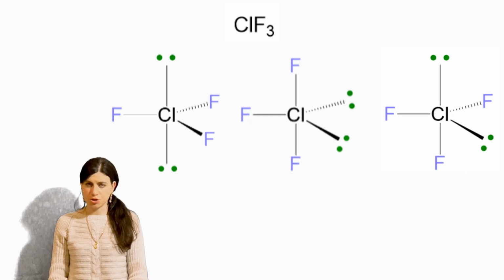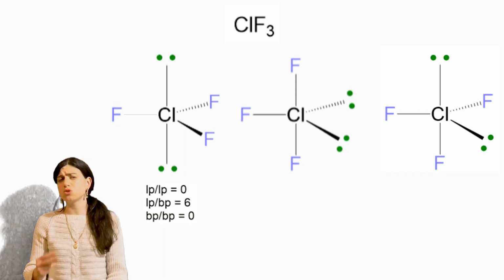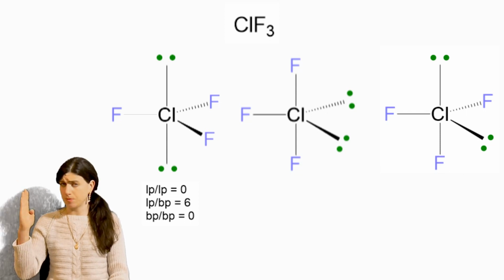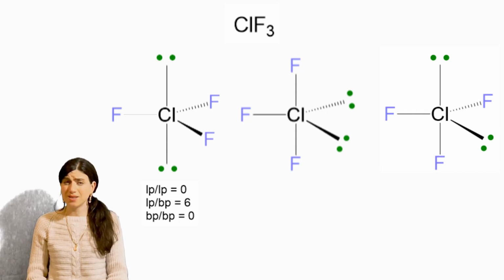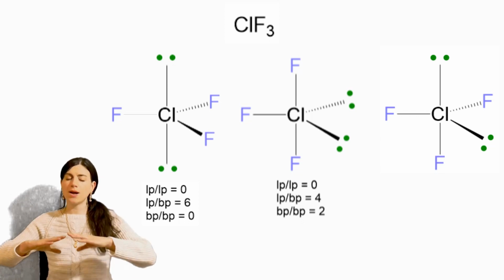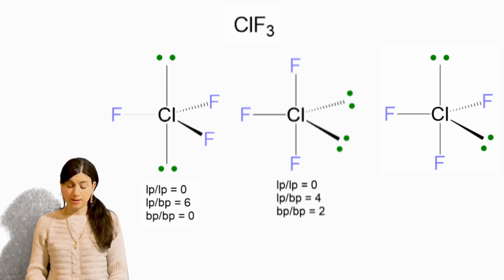For the first structure we have lone pair repulsion at 90 degrees equals to 0, because the two lone pairs are at 180 degrees far apart. For the second one we have again LP repulsion at 90 degrees, which is 0 because the two lone pairs are at 120 degrees far apart, so it's more than 90 degrees.